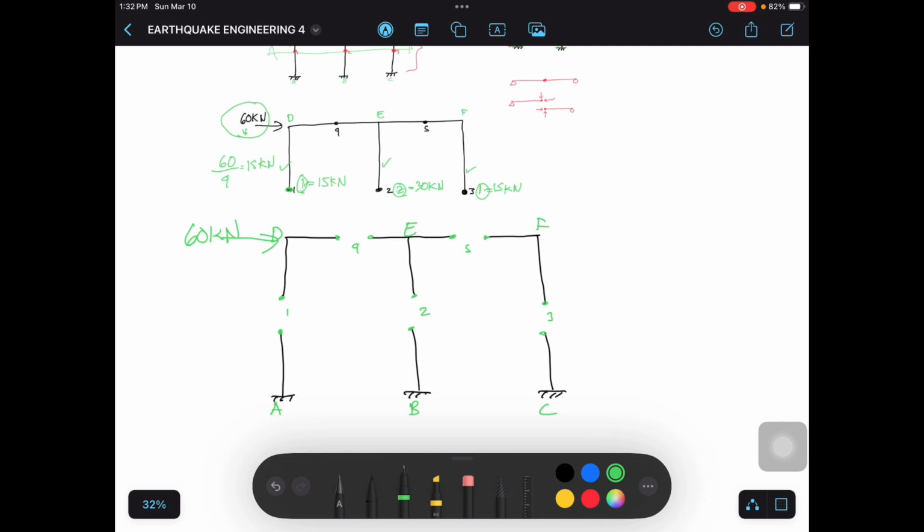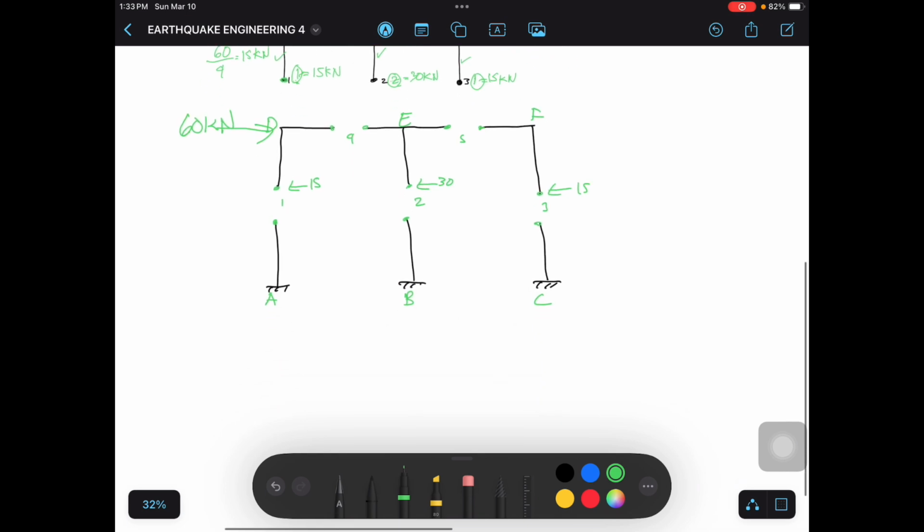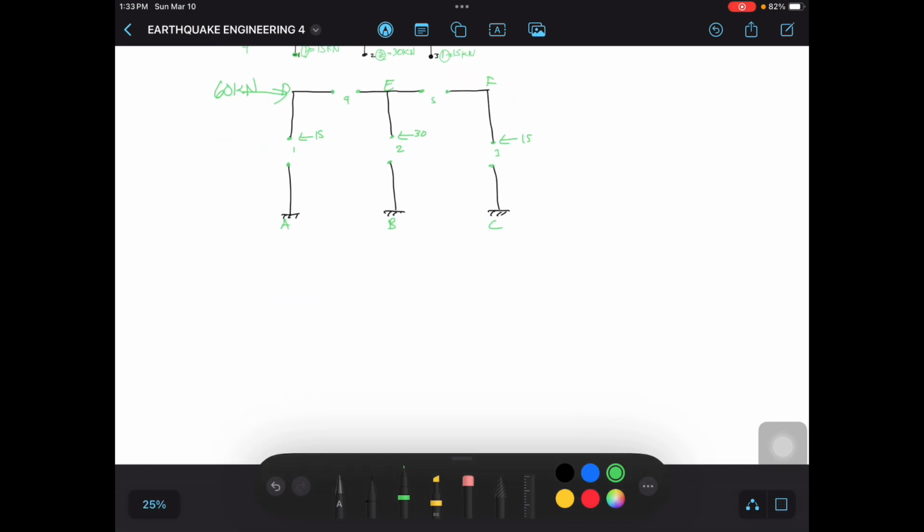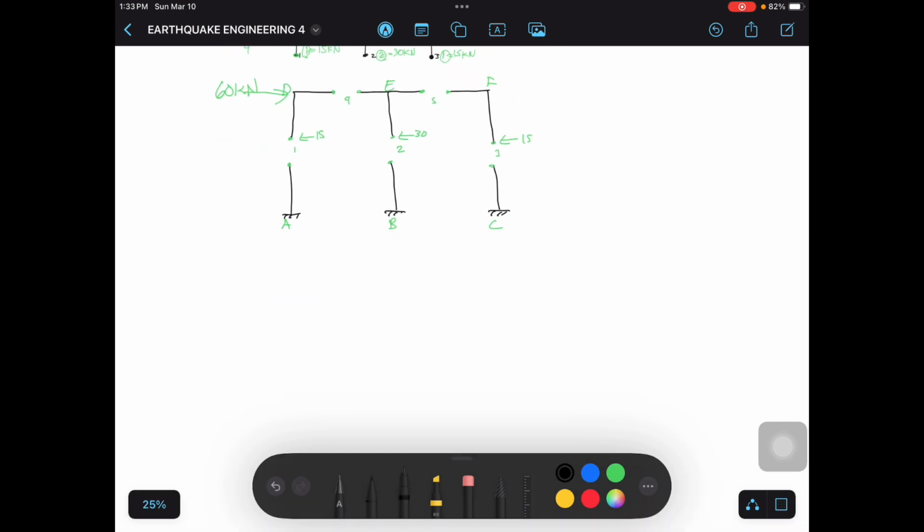At yung na-distribute na nating horizontal force, 15 kN dito, 30. Then ito, 15. So, ayan na yung nagawa na natin yung first and second step. Now, let's evaluate each segment. Ano yung segment D? Let's isolate. Let's evaluate segment D.